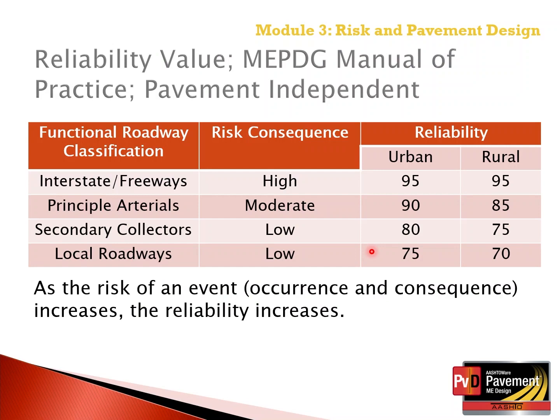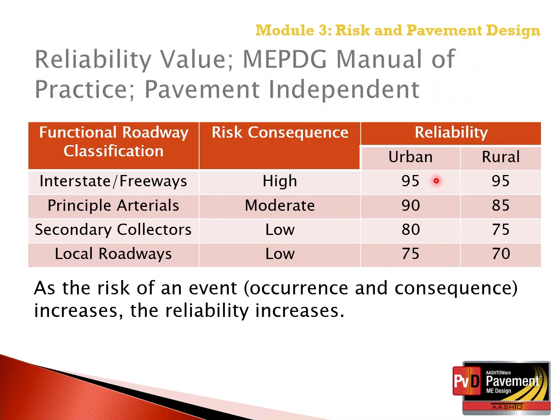So the reliability values are suggested default values in the MEPDG manual of practice, and they are basically pavement independent. We have our functional classification of the roadways going from high volume interstates to low volume local roadways, our risk consequence going from high to low, and then the reliability depending on whether it's an urban roadway or a rural roadway.